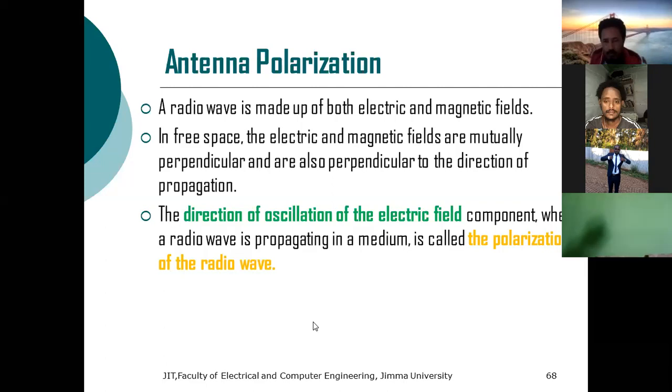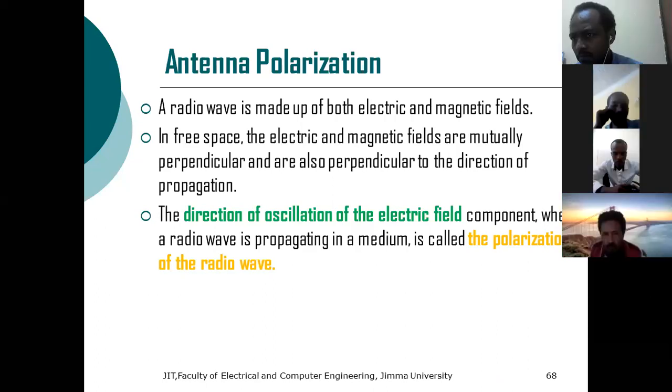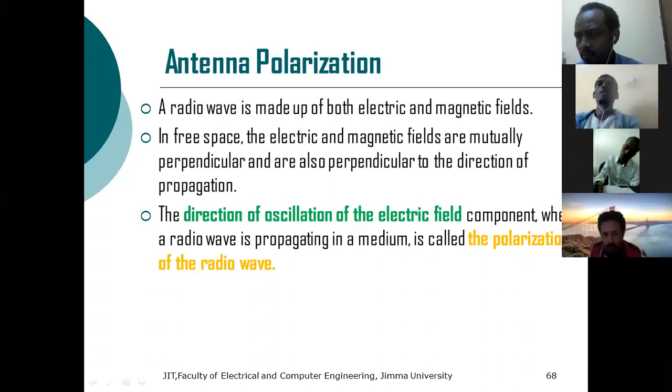Because we can use polarization to configure the antenna's efficiency in many directions. For example, with cross polarization or other types of polarization, the antenna can be improved depending on the environment.